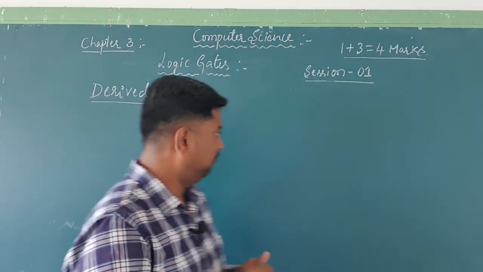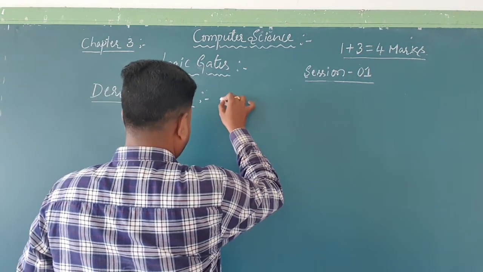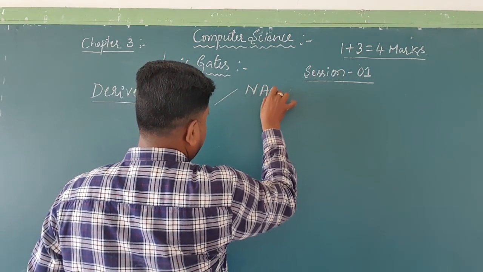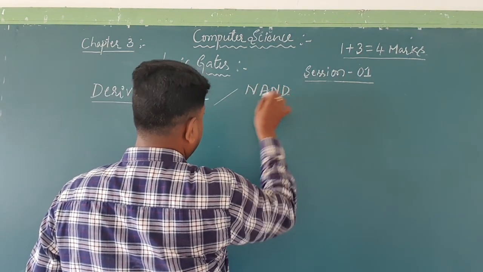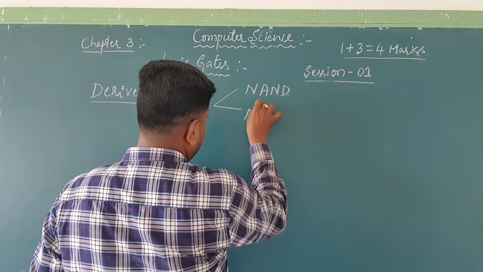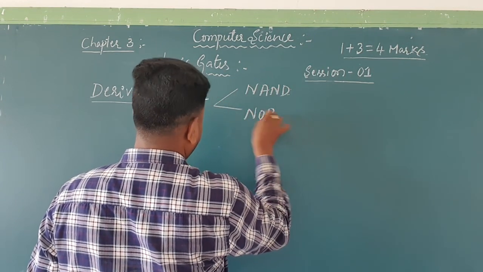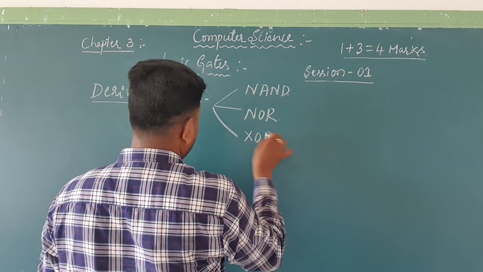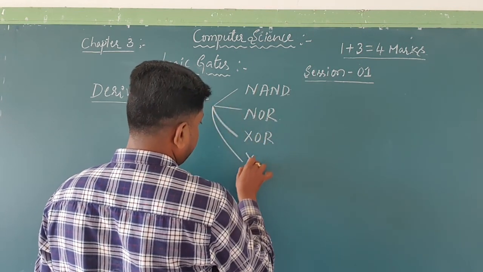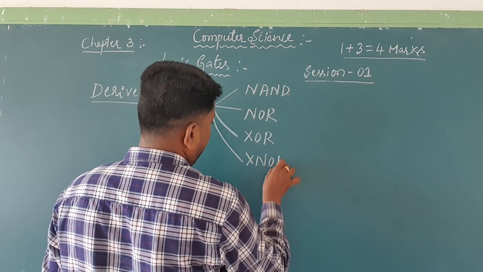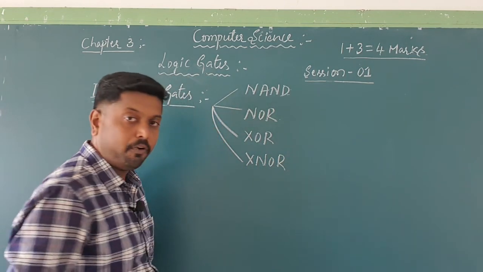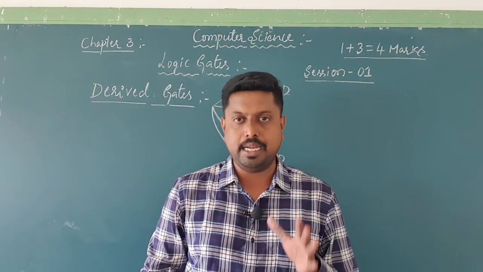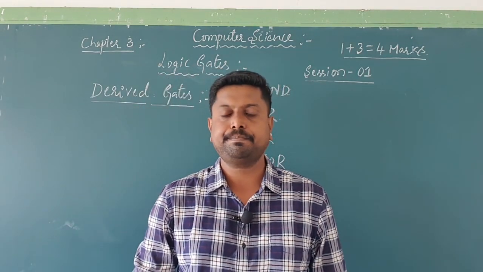In that we have the NAND gate, the NOR gate, XOR, exclusive OR, and XNOR. These are the four derived gates we are going to learn, dear students.